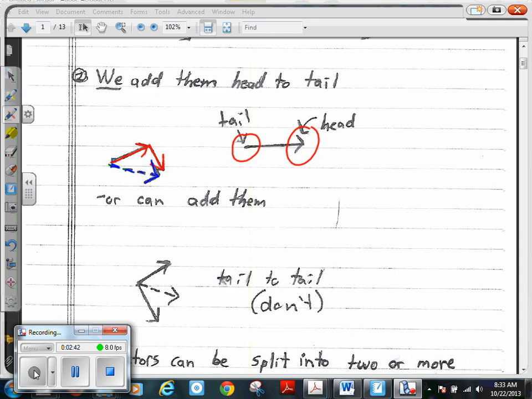You start the tail of the resultant at the origin, and then the head would be at the final position. Okay, so when you're putting vectors together, you add head to tail, but the last vector that shows you the summation of the vectors is not head to tail. It starts at the origin and ends at the head of the last one.